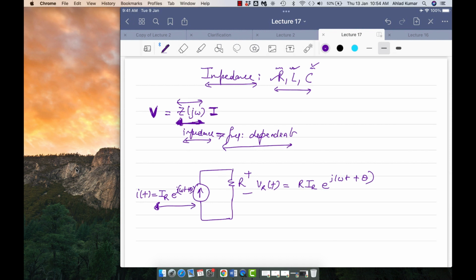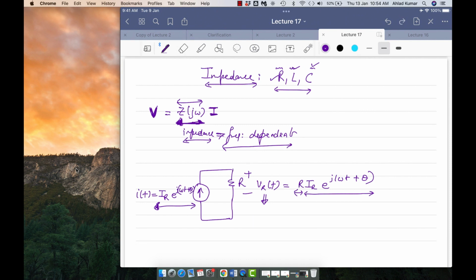Okay, if there are no questions, it's very simple. You are using I_R e^{j(ωt+θ)} as your excitation, and whatever voltage you get across the resistor is nothing but R times the current i(t) which is flowing like this. And this V_R(t) is also, you can say, an amplitude.